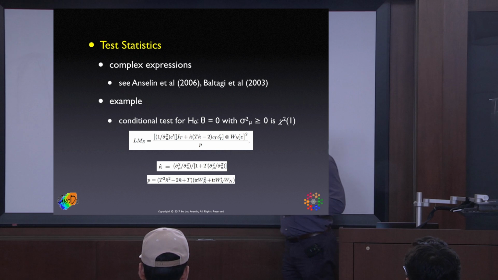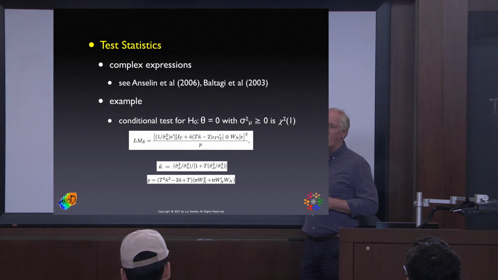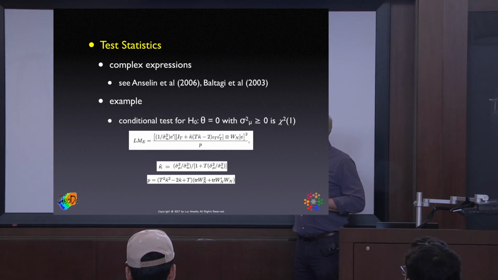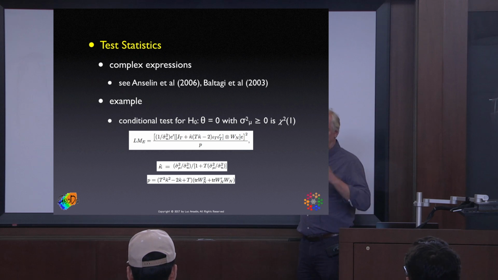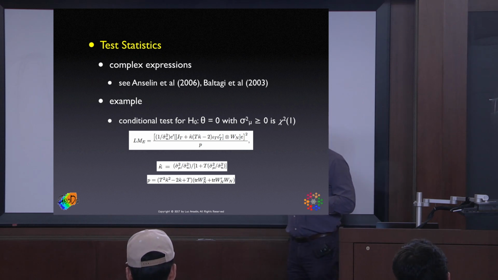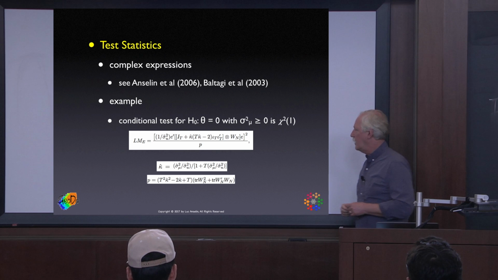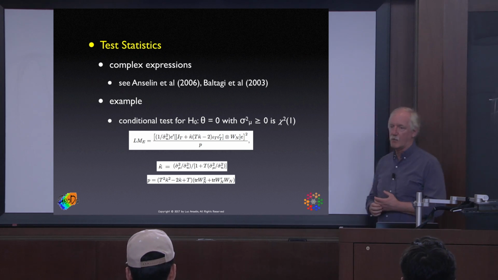And this thing has a bunch of expressions in it, the ratio of the two variances, the within variance and the between variance. This is our phi in the model, right? And then we have T in there. We have our traces, the trace of WW and W prime W. So all this stuff goes in here, and that is chi-square with 1 degree of freedom.